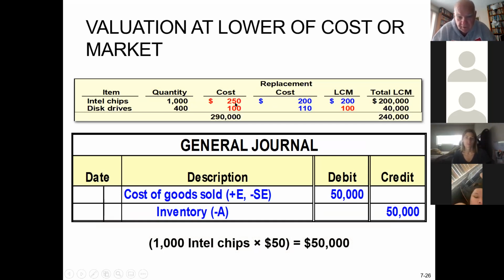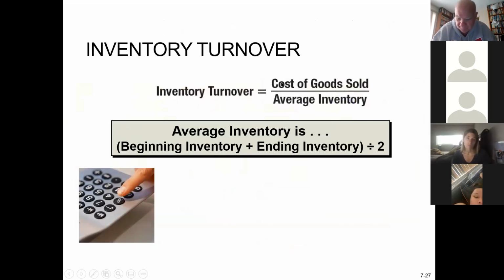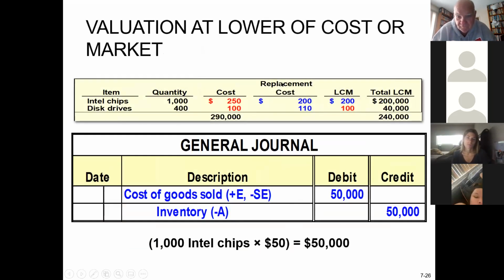So on that first line, what's lower? Cost is $250. Market is $200. The inventory now is 1,000 times 200, which is $200,000, not 250. We have to recognize a loss of $50 times that 1,000.